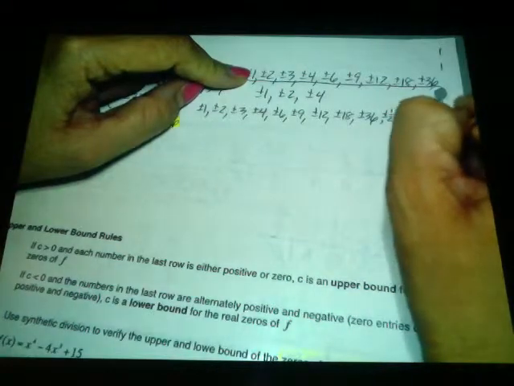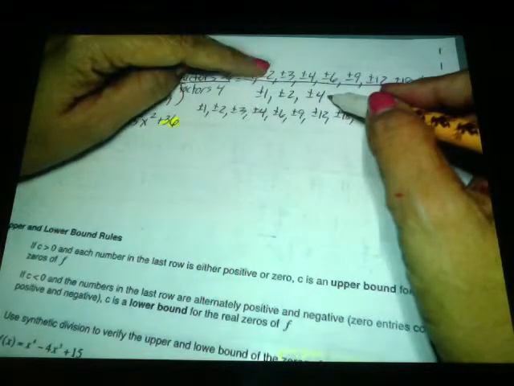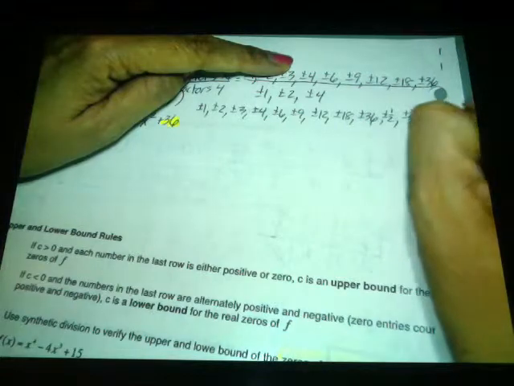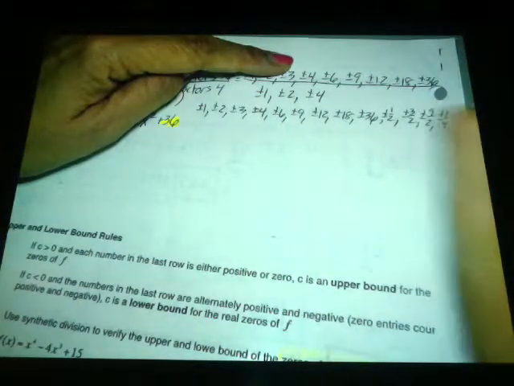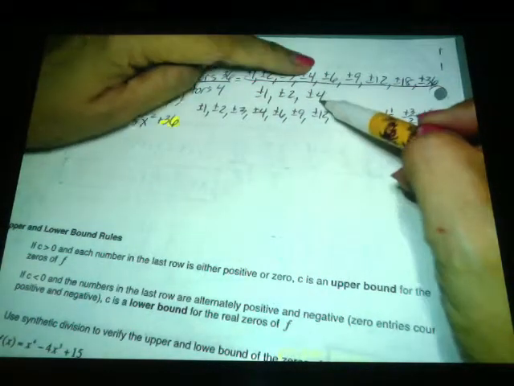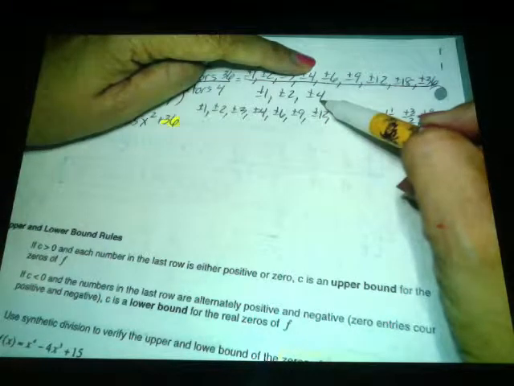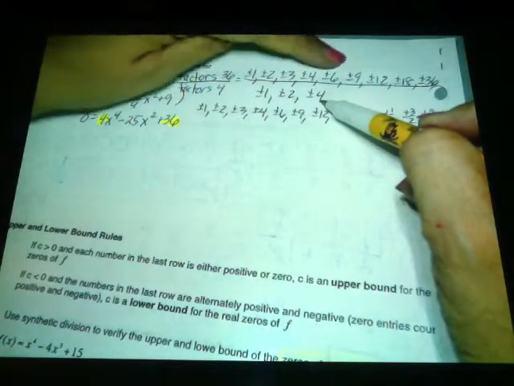Now we're going to put them over 4. 1 over 4. We don't have that one, so plus or minus 1/4. 2 over 4 is 1/2. We already have that. 3 over 4. Don't have that one. So plus or minus 3 over 4. I'm out of room. 4 over 4. We have that. That's 1. 6 over 4.